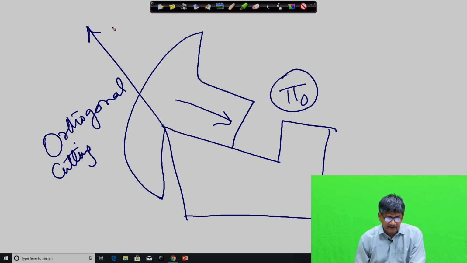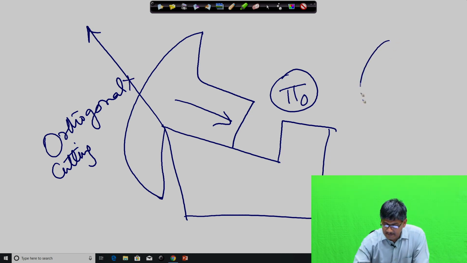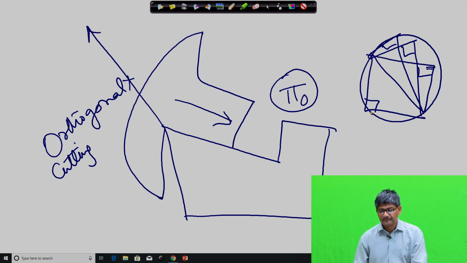Merchant circle diagram allows us, since we know that in a circle, if this is the diameter, any two pairs of lines which you join like this are going to be right angles. This we know.